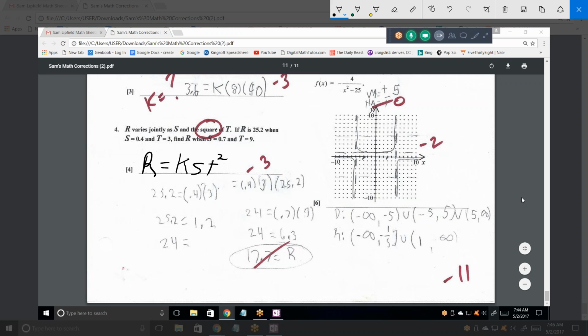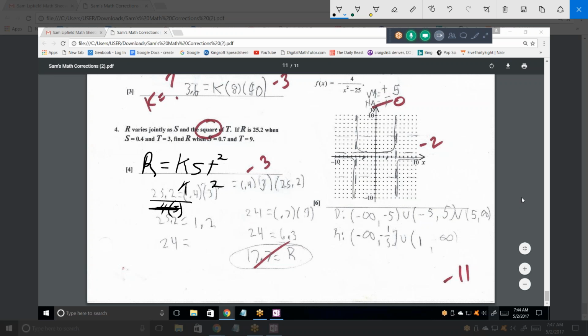25.2 equals... and 9 and 81. Hold it, isn't it? Oh, it would be 9 squared. Ah, it's 3 squared. Okay. So it'd be 0.4 times 9.